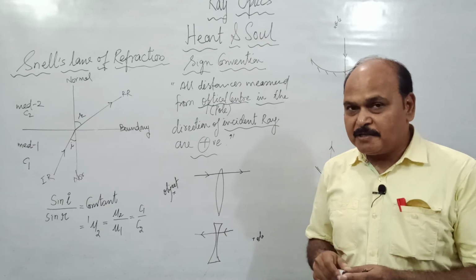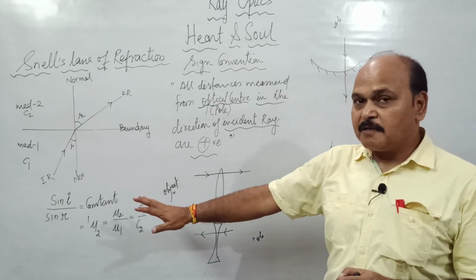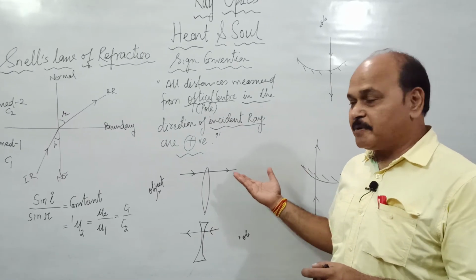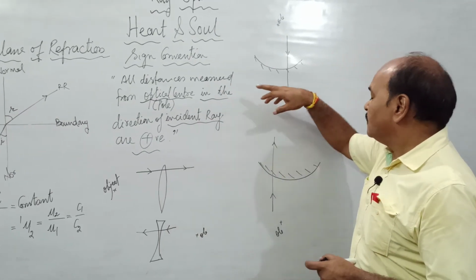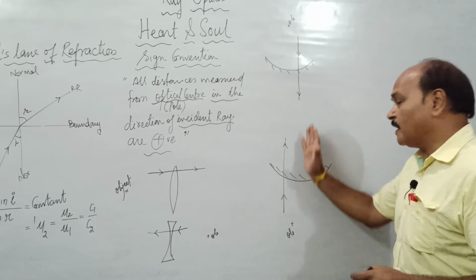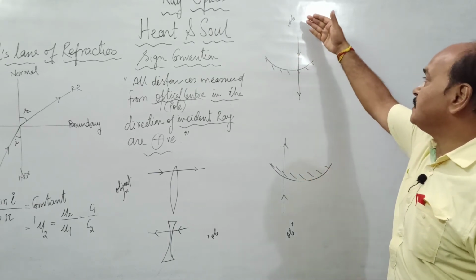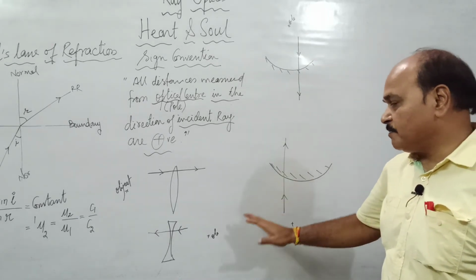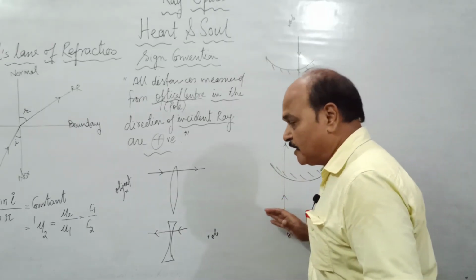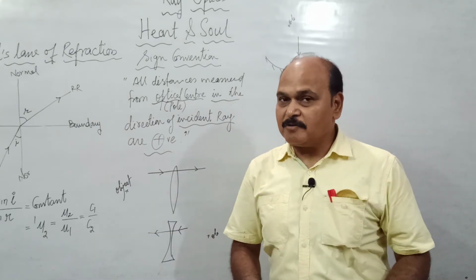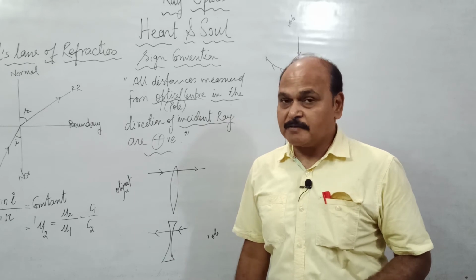If the object is placed left of the optical device or surface, the incident ray will be from left to right. If the object is placed below the optical surface or device, the incident ray would be like this. If the object is placed above, the incident ray would be from above to below. If the object is placed right, the incident ray would be from right to left. So the direction of incident ray depends upon where we have placed the object.